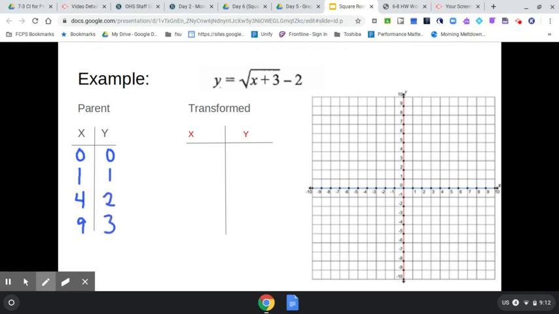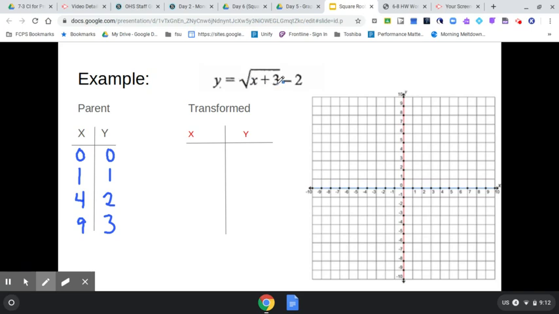Okay, so there's my parent function. And now we think about this square root function, the square root of x plus 3 minus 2. We have to think about what this would do, both horizontal translation and vertical translation. Notice there's no a value out front, so there's not going to be a shrink or stretch.